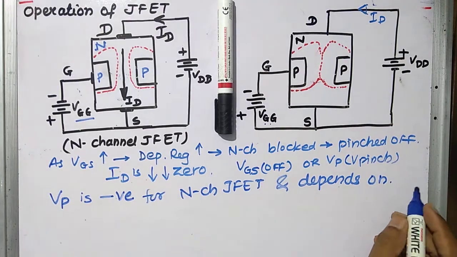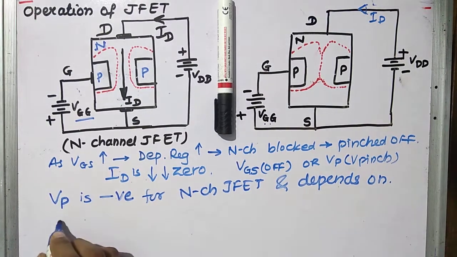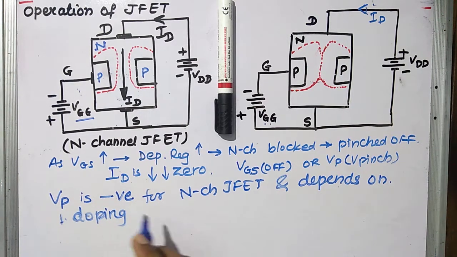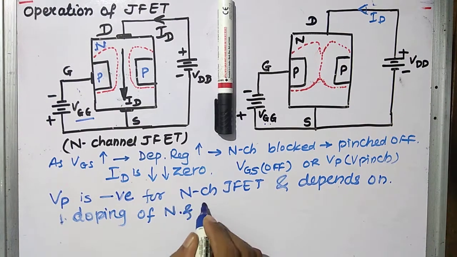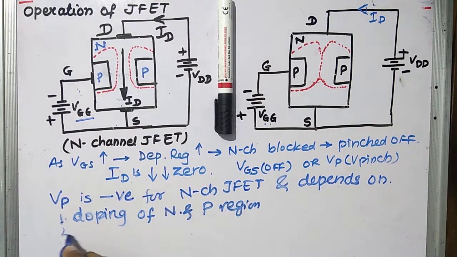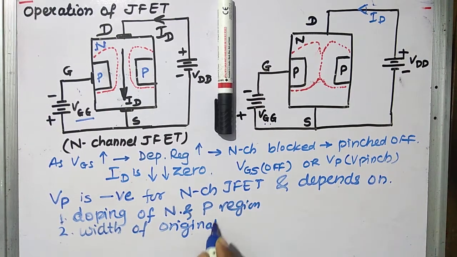First, it depends on the doping level of N and P region of that particular N channel JFET, and second is the width of the original channel structure.